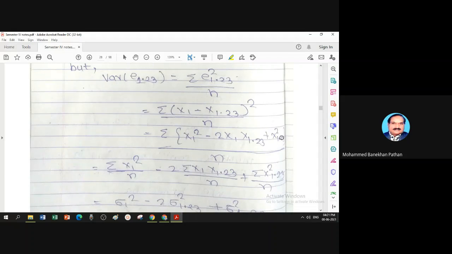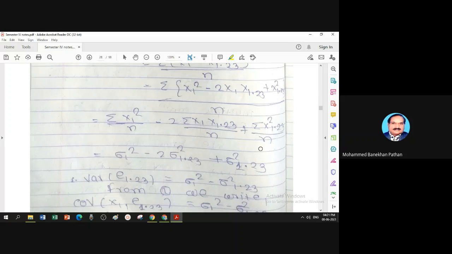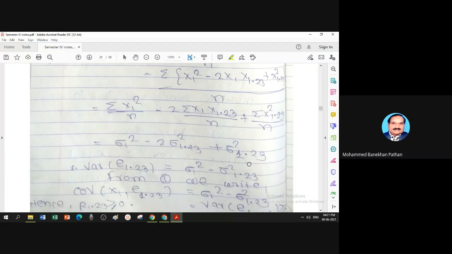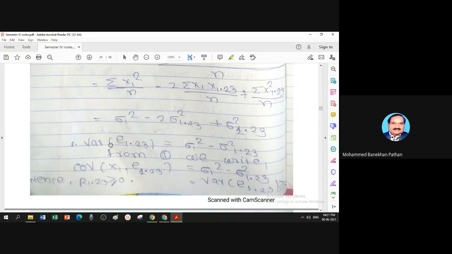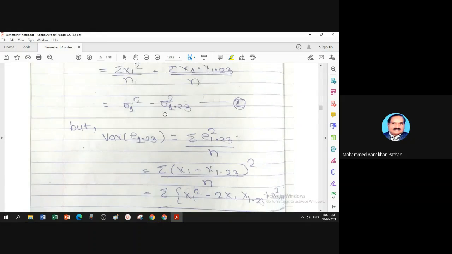Open the bracket, take the summation inside for every term, apply the property of residual, so this is written as the sum of squares of 1.23, which is sigma square 1.23. Finally, the variance of E1.23 is sigma square 1 minus sigma square 1.23. Look, equation 1, exactly the same expression.